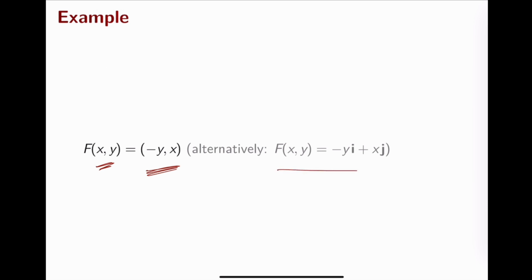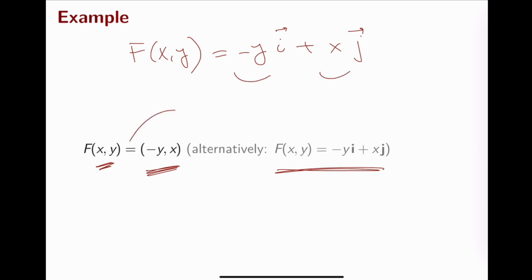Another possible notation is this way: we can say that to each point (x, y) we associate the vector -y i + x j, which is the same as the vector (-y, x), in this more abbreviated notation. So this is one example of a vector field.